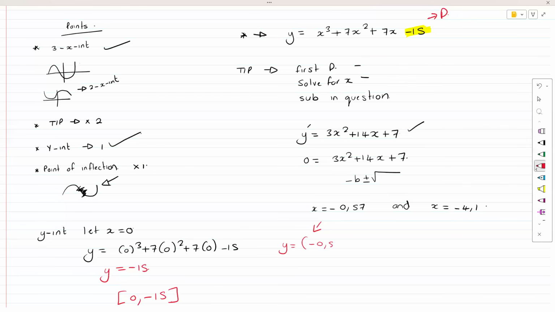This is minus 0.57 cubed plus 7 into minus 0.57 squared plus 7 into minus 0.57 minus 15.